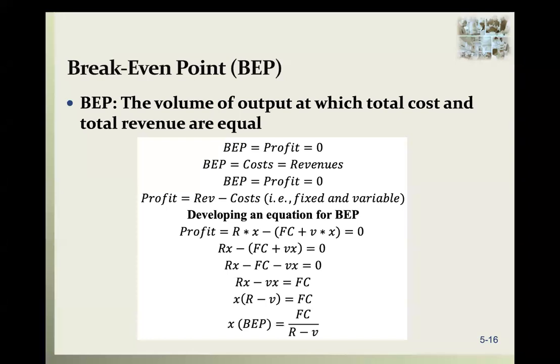This is the last slide, and in this slide, I will be explaining some of the relationship between revenues and cost, and how we convert them into an equation. So the key concept here is the break-even point. Break-even point is the quantity at which your cost and your revenues are equal.